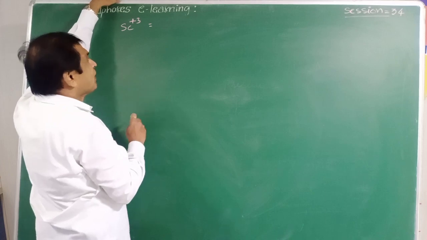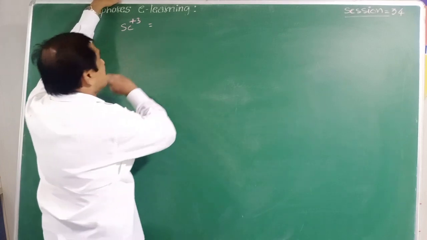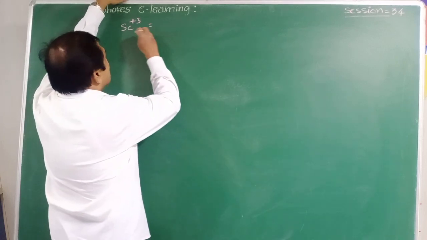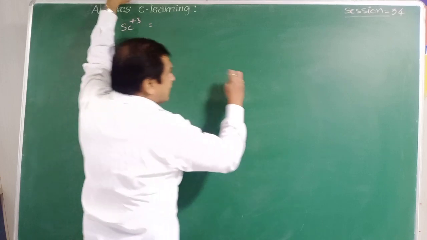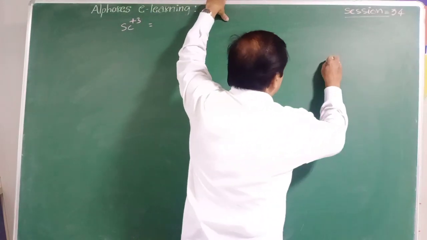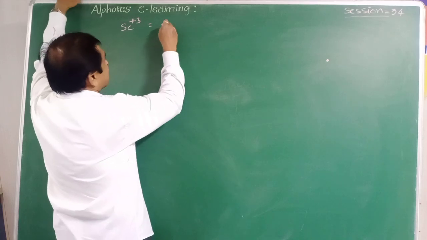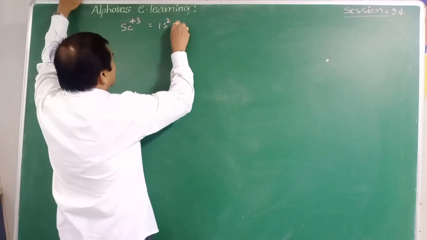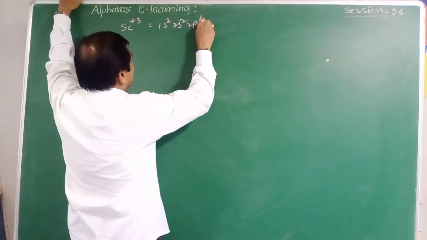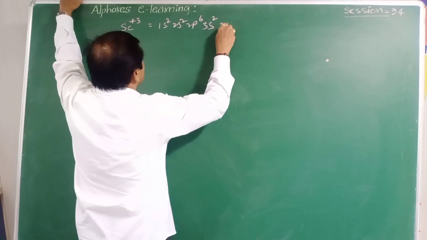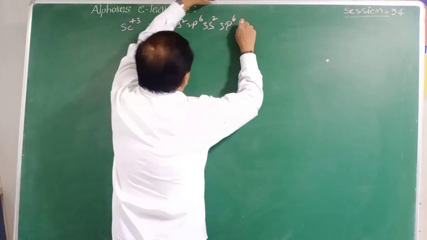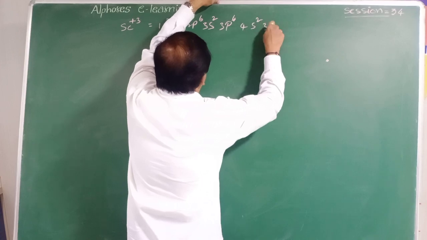What is the electron configuration of scandium? Scandium has atomic number 21. The electron configuration is 1s2, 2s2, 2p6, 3s2, 3p6, 4s2, 3d1.